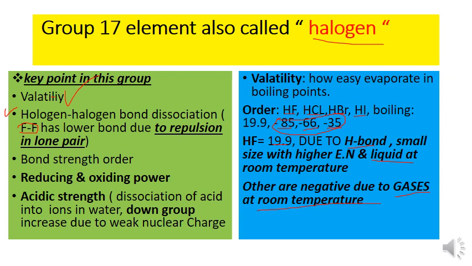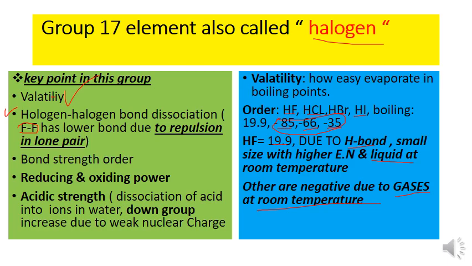Reducing power is how the anion dissolves in water to release ions. Down the group, reducing power increases, whereas oxidizing power decreases. Acidic strength is the dissociation of anions, and it increases down the group due to weak nuclear charge attraction.